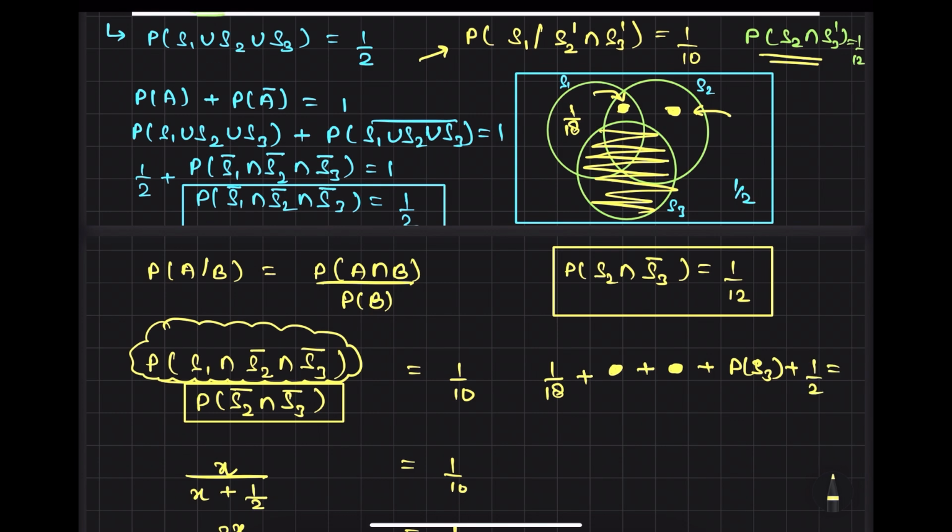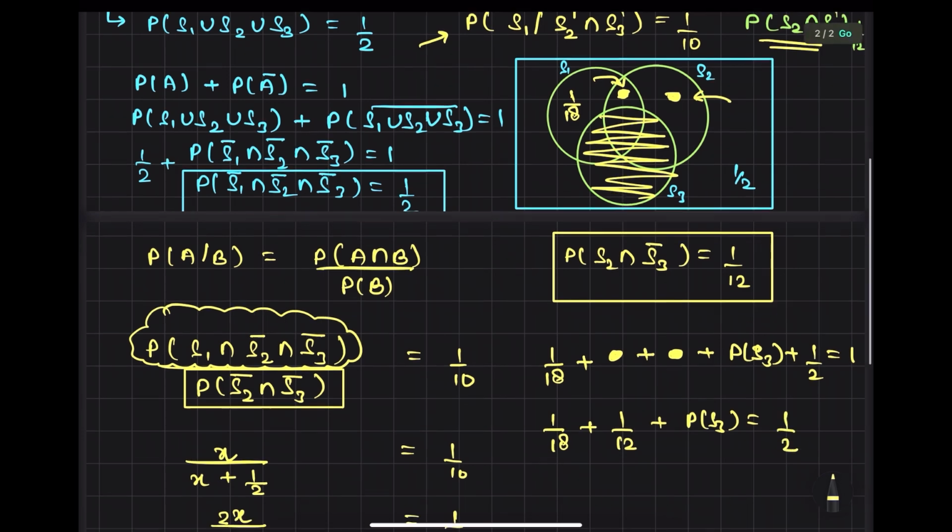Don't you think sum of probability of all these things will sum up to 1? Okay, now look at this. It is 1 by 18. These two dots will sum up to 1 by 12. Probability of S3, I will send this 1 by 2 to that side, so it is 1 by 2.